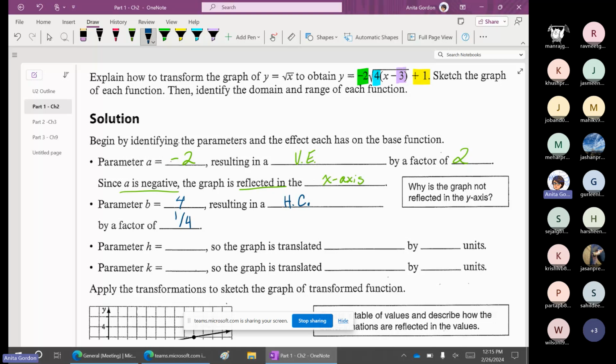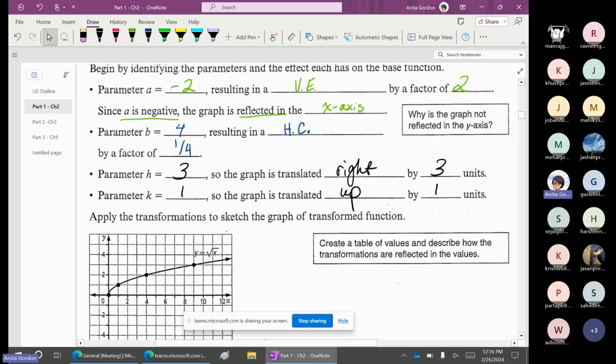Parameter h is in purple. So I see a -3 here, so this is a +3. This means I'm being translated to the right 3 units. And for parameter k, it's a +1, so I'm going up 1 unit.